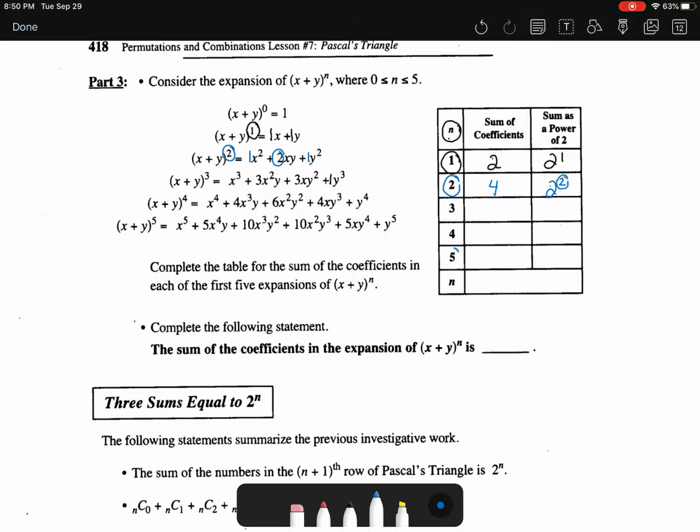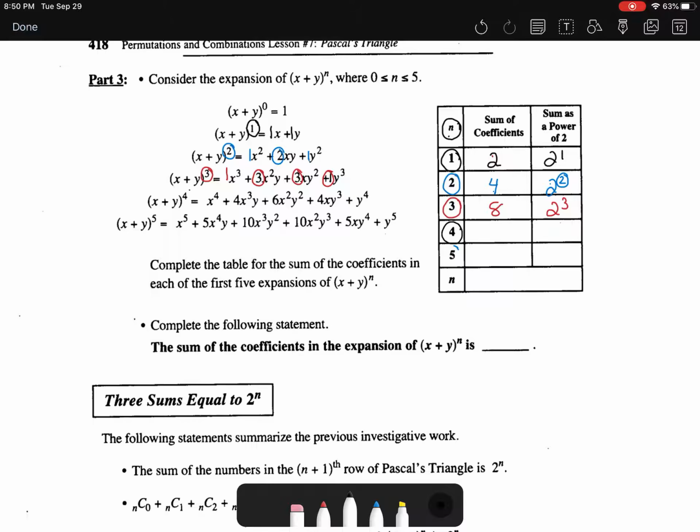So this time you're seeing the exponent on 2 is the same as the value of n. Then the next one is where n is 3. The sum of the coefficients, 1, 3, 3, and 1, is going to be 8, which is 2 cubed. Moving along, n is 4.